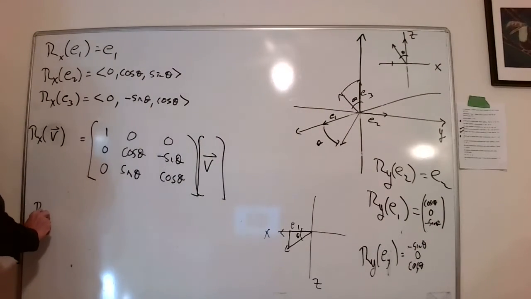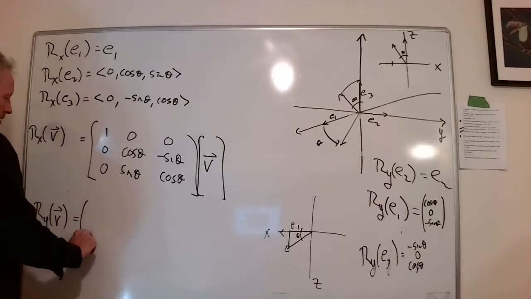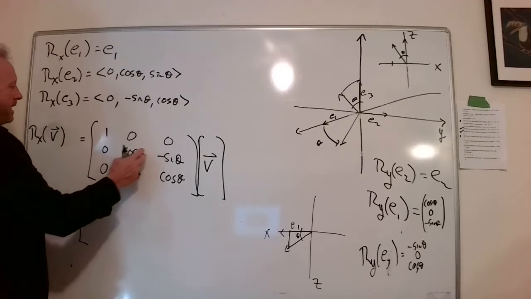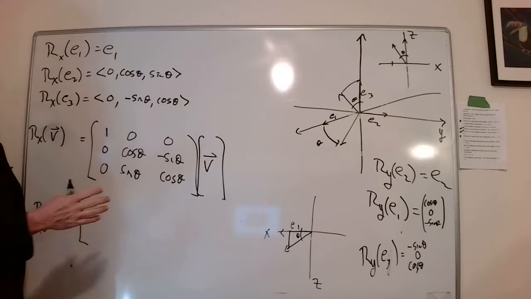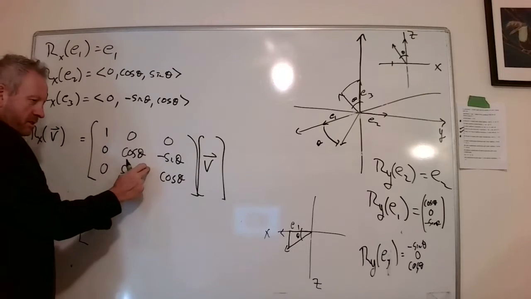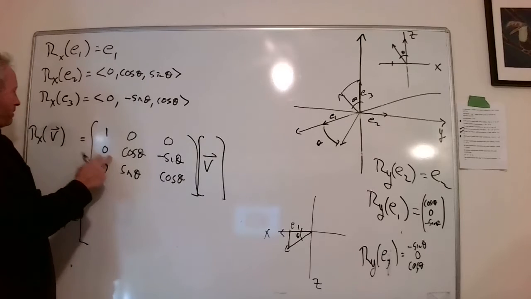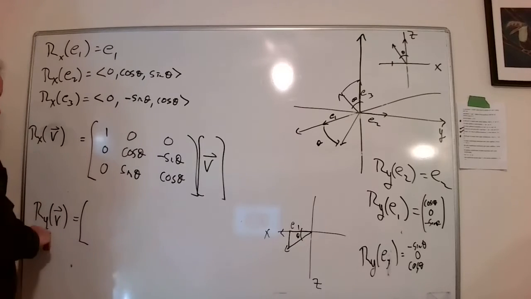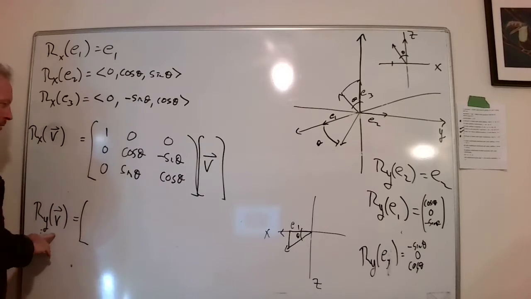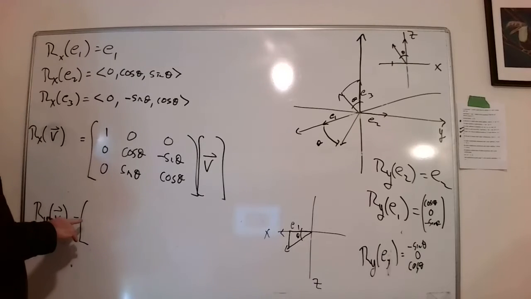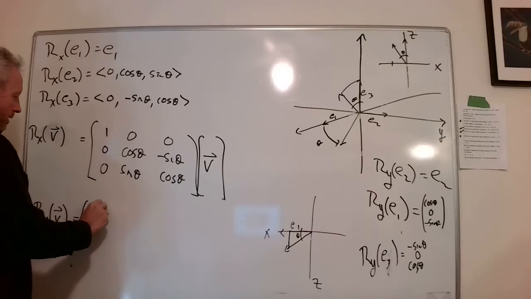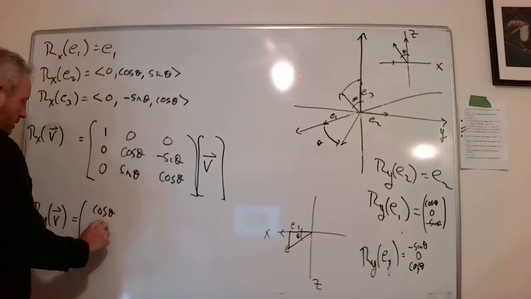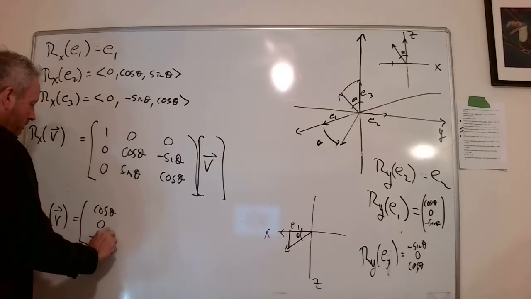Let's say the rotation about the y-axis of any vector v in R sub 3 is going to be given by the matrix. Again, the key thing here is this matrix. This really is the formalism. I mean, it's good to write it down, but this is the matrix which accomplishes the rotation. What's the matrix which accomplishes the rotation about the y-axis? Well, this is what happens to e sub 1: cosine theta, 0, negative sine theta.